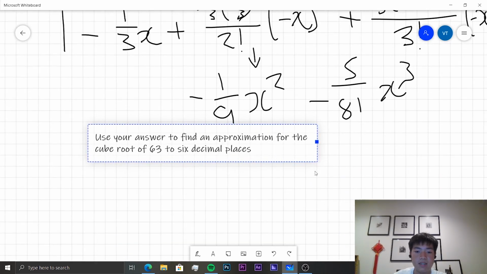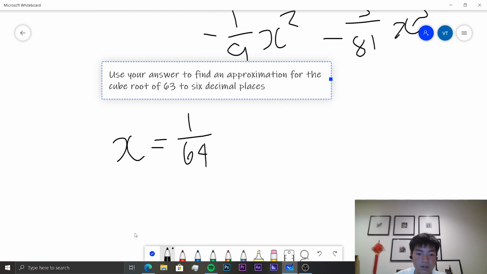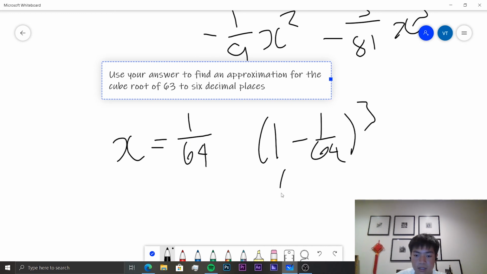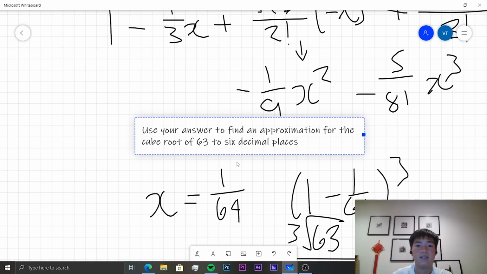So we need to be a bit sneaky here. We need to actually substitute x as 1 over 64, so that we get the expansion of 1 minus 1 over 64 cube rooted, which is equal to the cube root of 63 over 64, or cube root 63 over 4, and then we'll multiply the answer by 4. This is going to be painful.